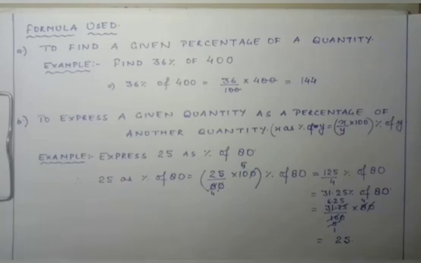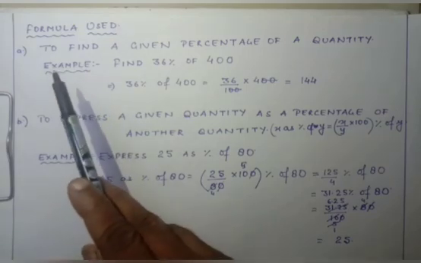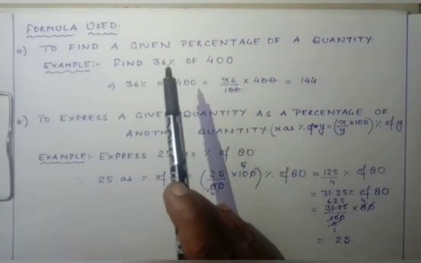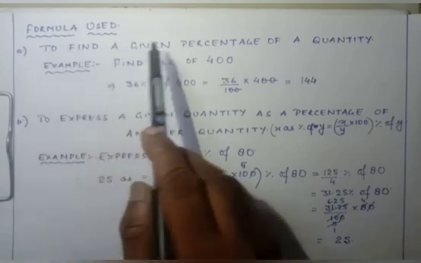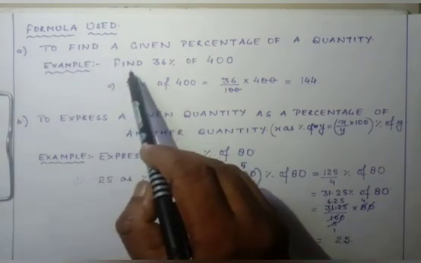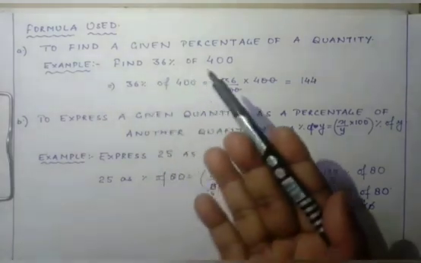Now there are certain formulas that we are going to use in this exercise. So I am going to explain each formula to you along with an example so that it is pretty much clear to everyone. The first one is to find a given percentage of a quantity. Example, if I have to find out 36% of rupees 400, how are we going to solve it?